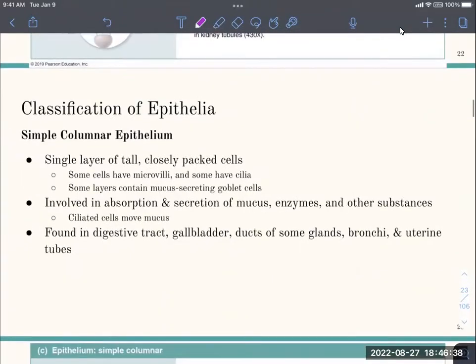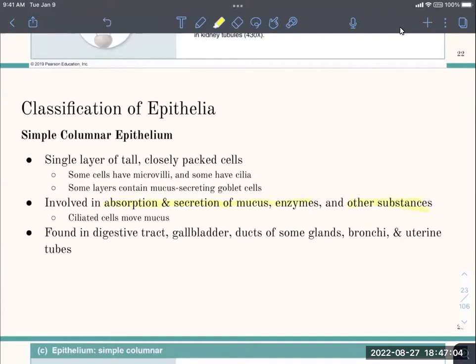We have simple columnar epithelium. Again, simple, so it's a single layer and they're very closely packed together. Simple columnar is used in absorption and secretion of mucus, enzymes, and other substances.